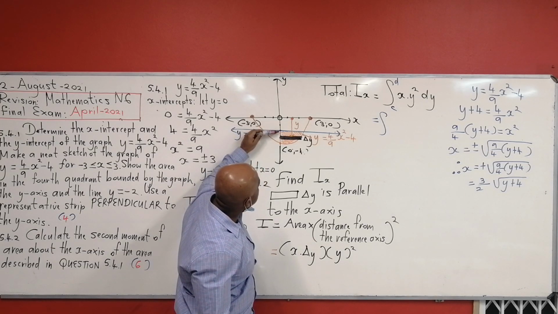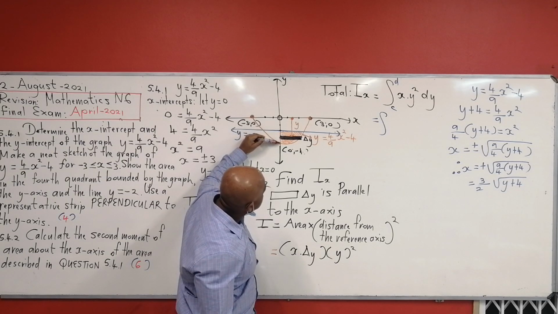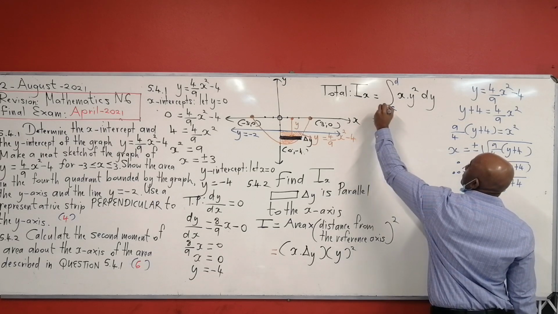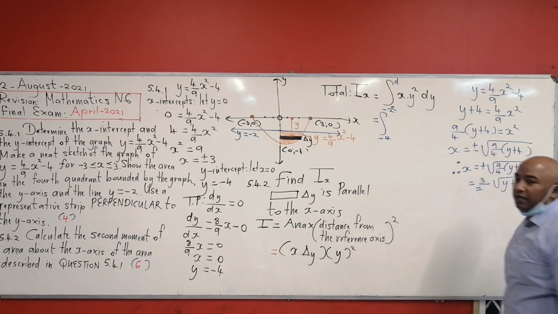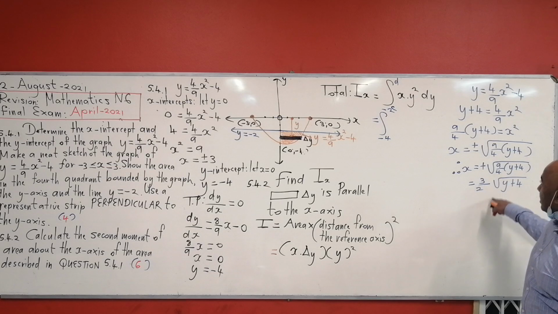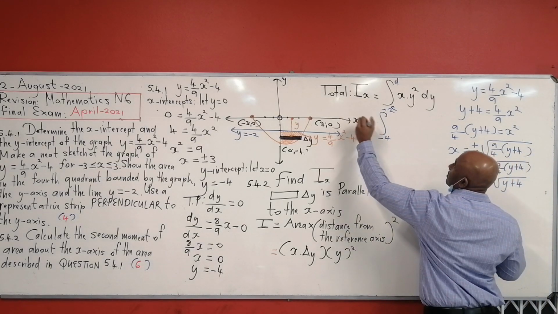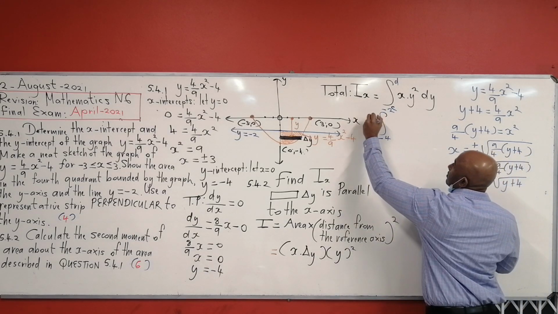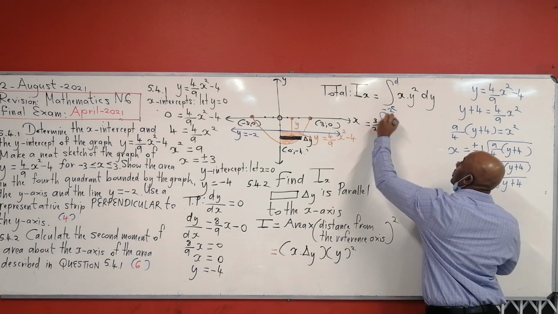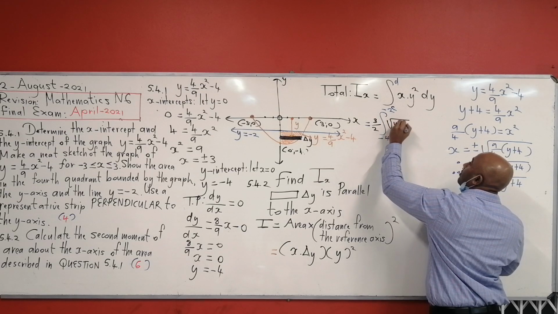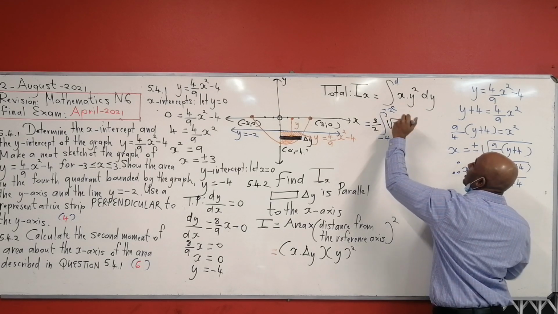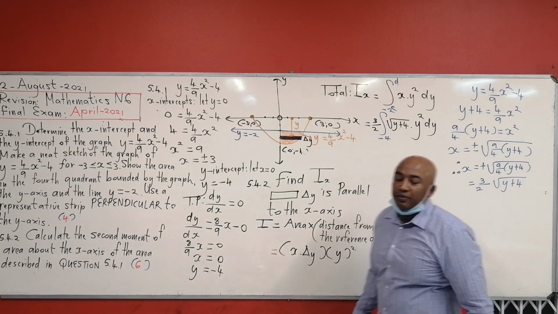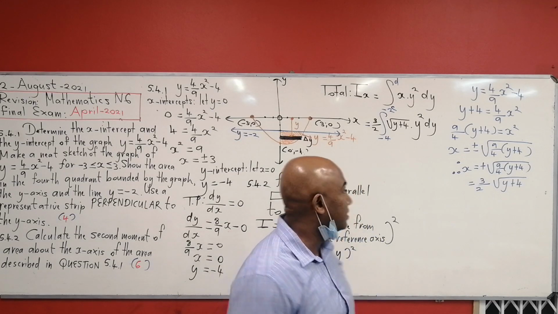So that's going to be -2 to -4. Right. What is x? X is 3/2 times the square root of y plus 4 multiplied by y squared dy. We are integrating with respect to y.